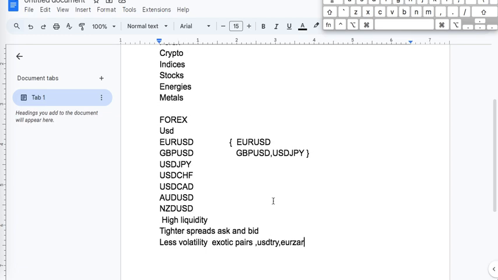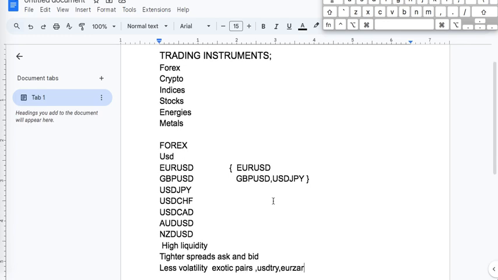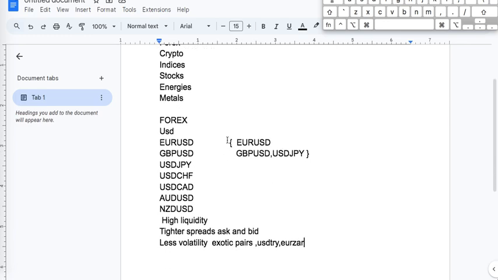Now for beginners, I would advise you guys to opt for the euro USD, GBP USD, USD CAD. Many of you would ask why I haven't pointed out the XAU USD, which is gold versus the US dollar.